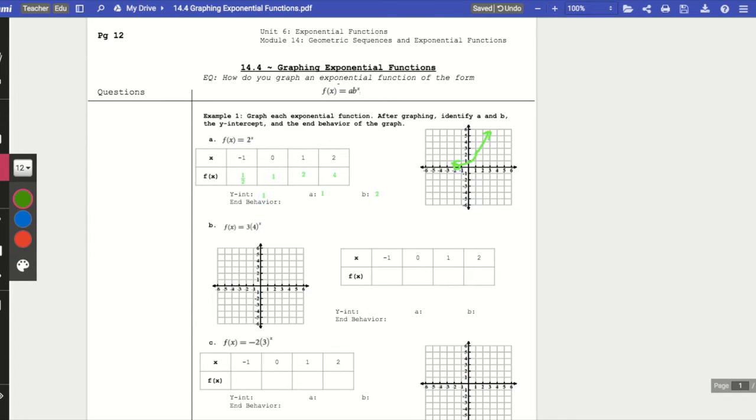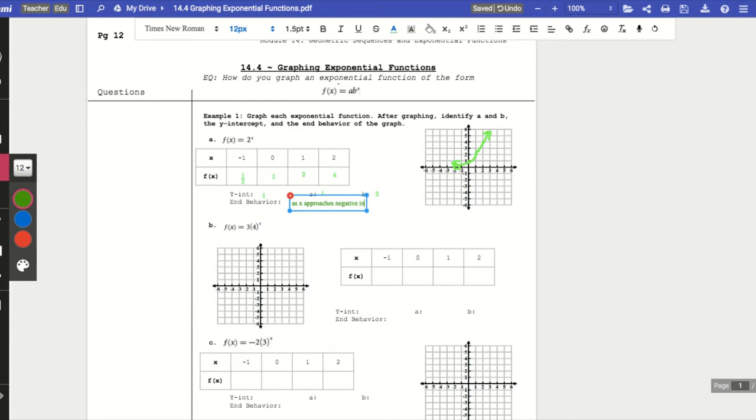Now, the end behavior is what is happening to the function as it goes off to -infinity and as it goes off to +infinity. So as x approaches -infinity, if you notice, this graph is actually going to get really close to 0.